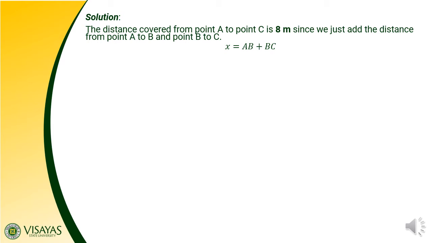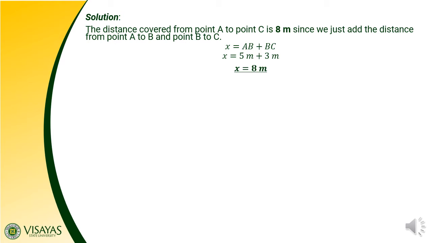What are AB and BC? AB is the distance from point A to point B, and BC is the distance from point B to point C. So x is equal to 5 meters plus 3 meters. We substitute the values of AB and BC. So we come up with the value for distance, which is equal to 8 meters.